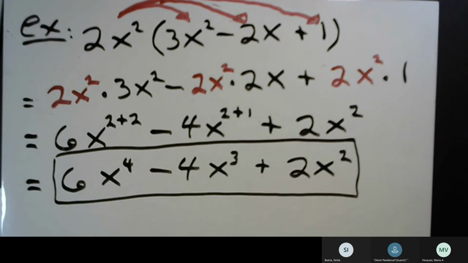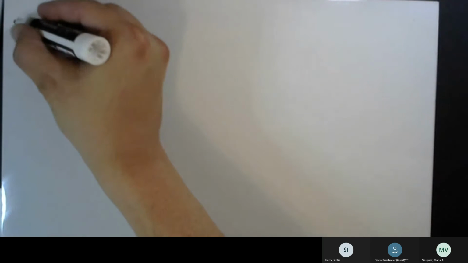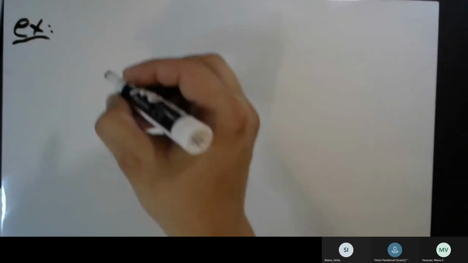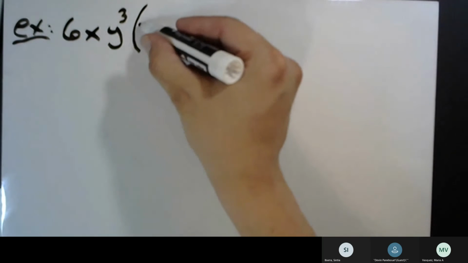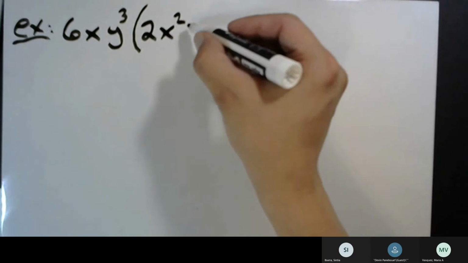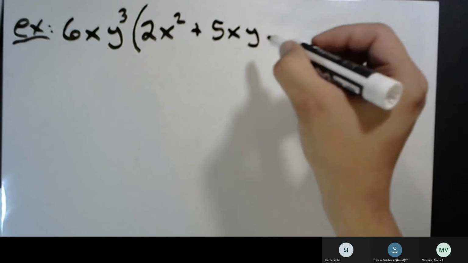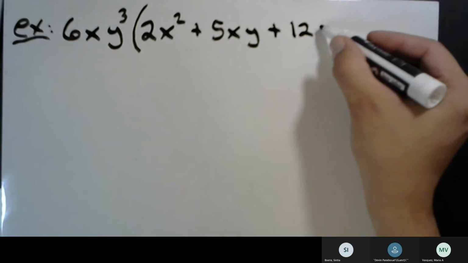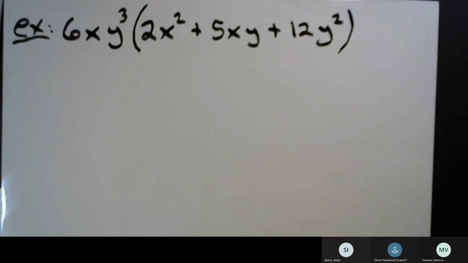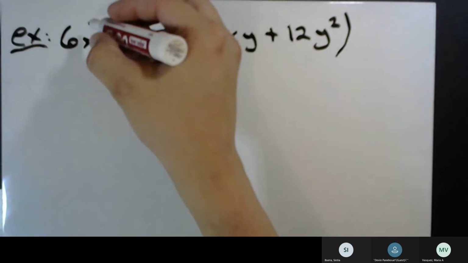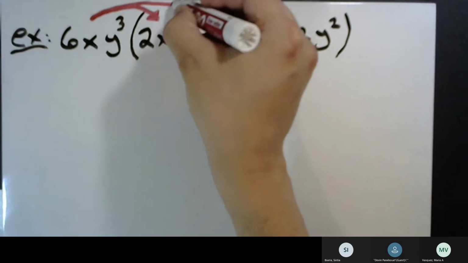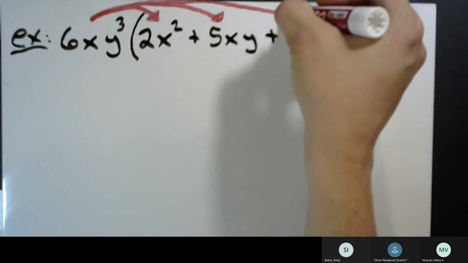So let me do another one, a little more complicated one. So again, we're going to distribute the outside monomial.